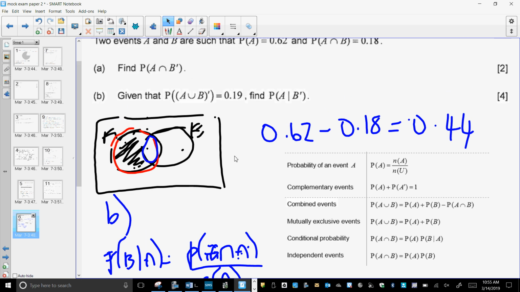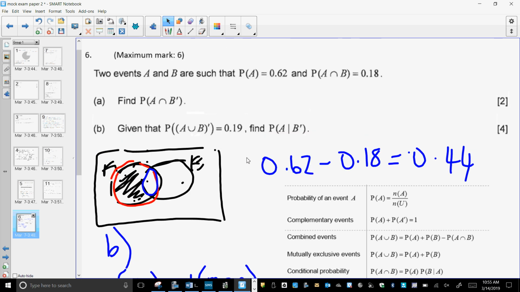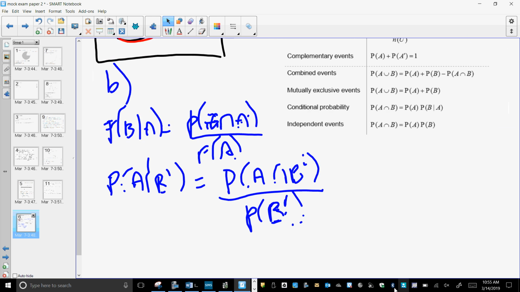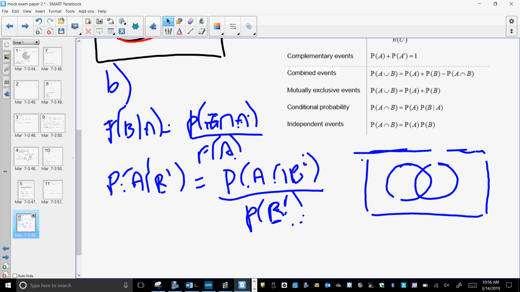So we know that A is 0.62. The intersection, so let's draw another little diagram here. So we know that this bit is 0.44. We know this bit is 0.18.